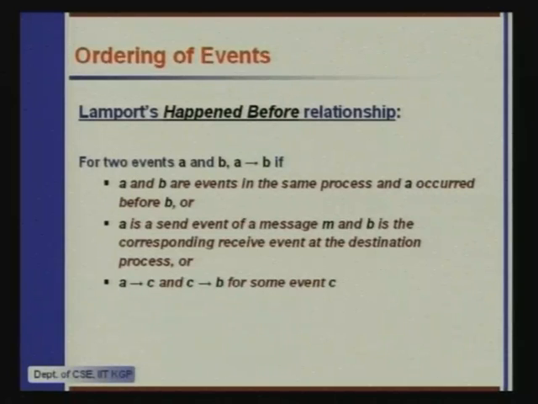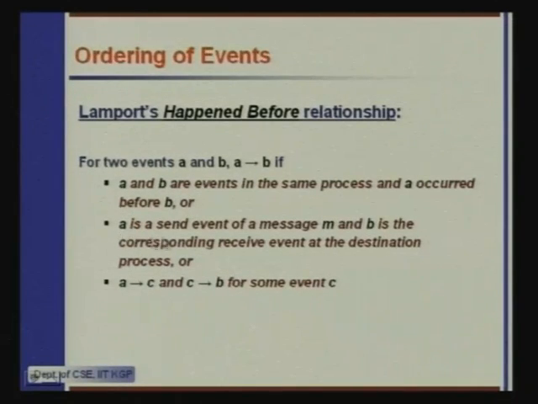Okay, so Leslie Lamport's happen before relationship is like this. For two events A and B, A happens before B if A and B are events in the same process and A occurred before B. In the same process we can always order the events based on what happened after what.